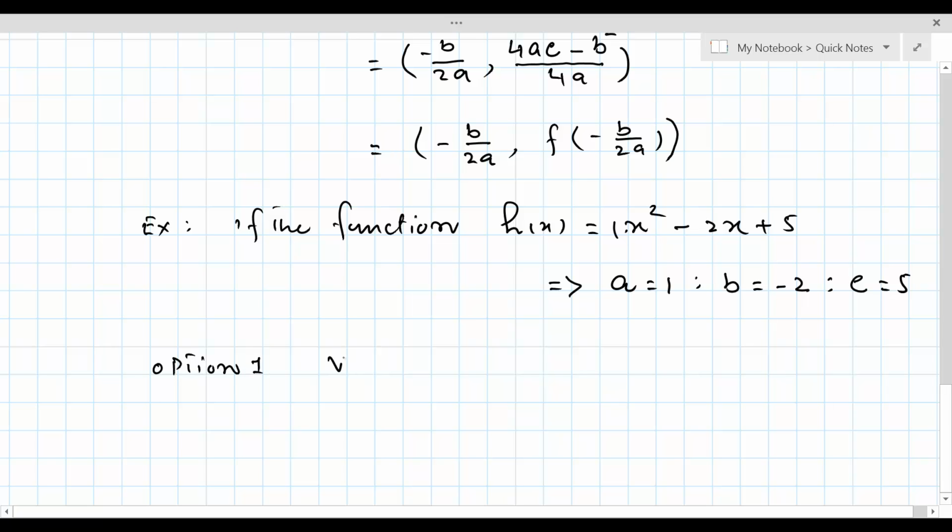The vertex would be equal to minus b over 2a. So what is the value of b?